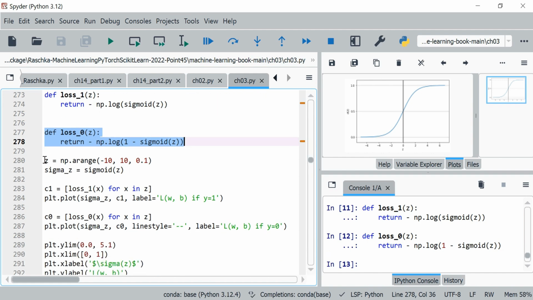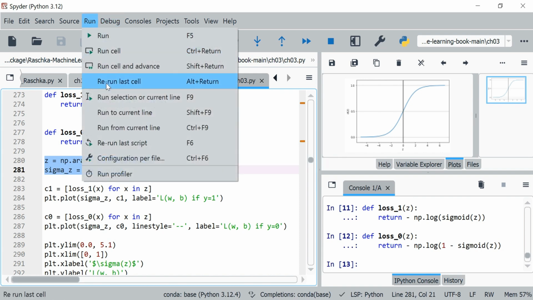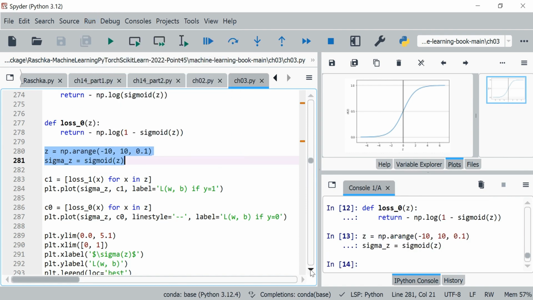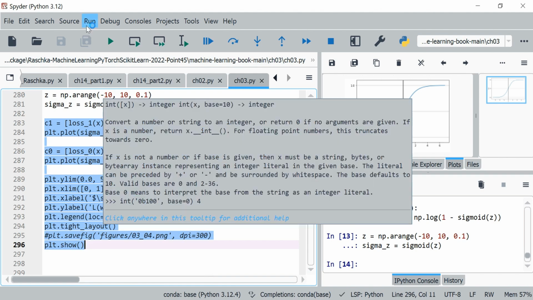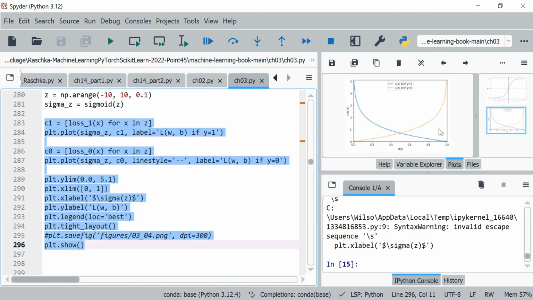For different net input values, how it goes with the probability and with the loss function. It's not directly related to our algorithm later, but here you can see, for example, this is positive. The label is 1.